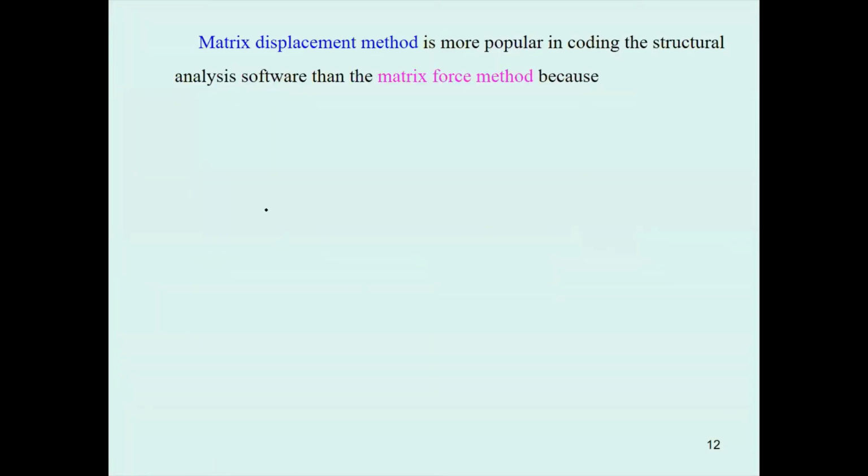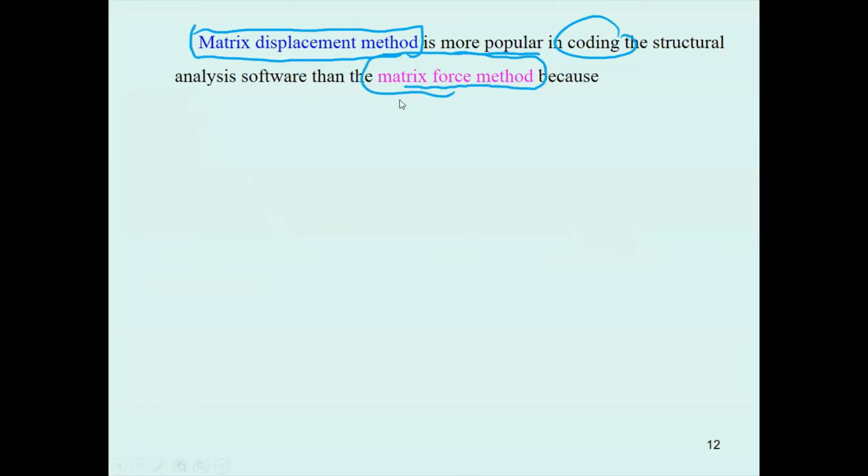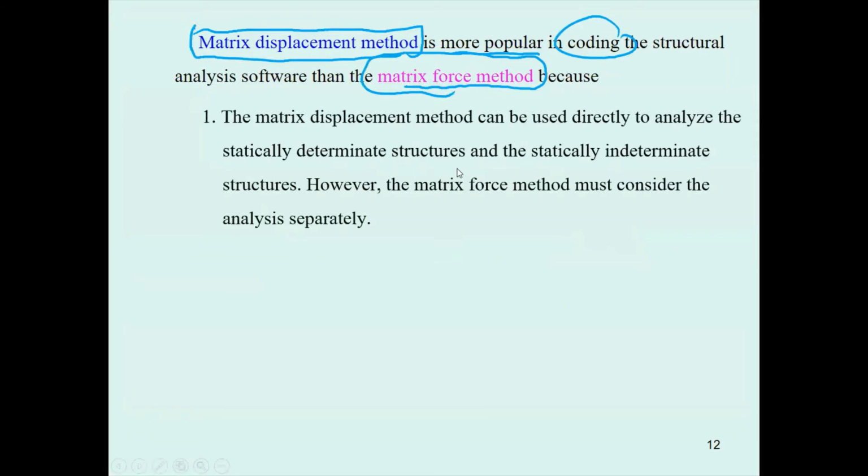The matrix displacement method is used in many computer programs, and is more popular in the coding of such software than the matrix force method, because it can be used directly to analyze statically determinate and statically indeterminate structures.